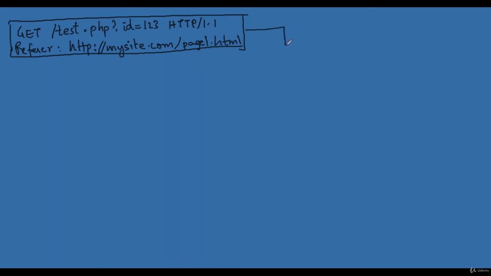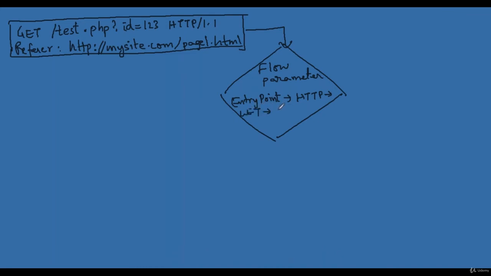First, the most specific will be checked, which is your flow parameter. With respect to this request, is there any flow parameter defined? Like defining the entry point, you have the entry point, then using the HTTP protocol, you initiated a GET request going to, let's say, test.php.